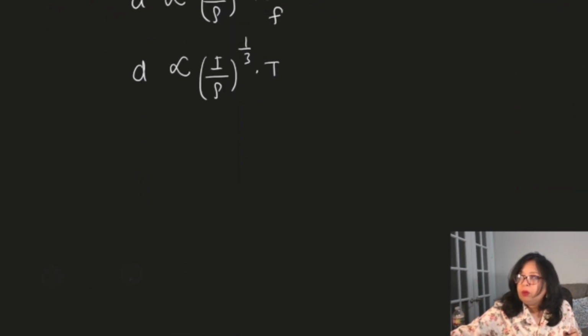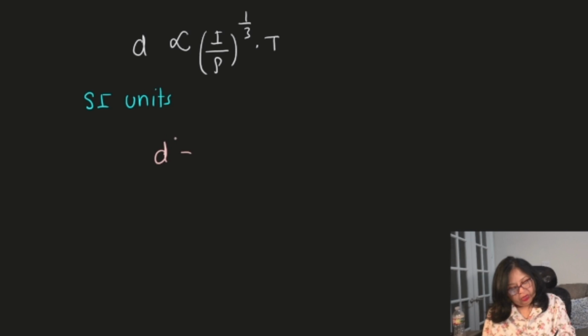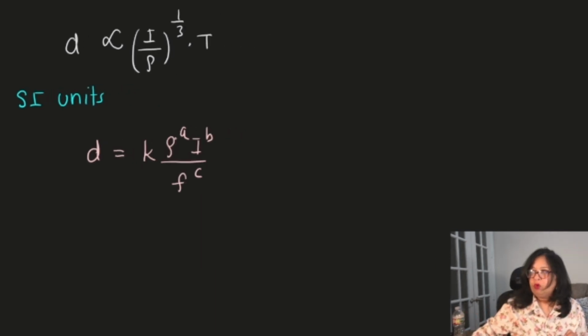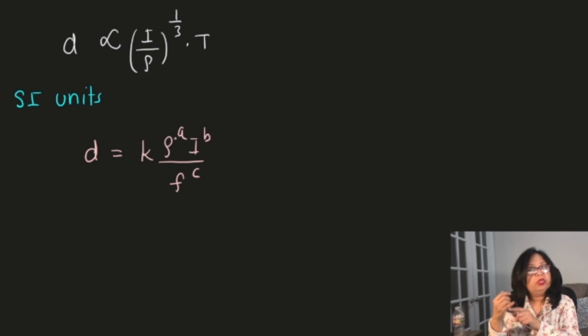But since I promised that I'll show you how to solve this problem using SI units, how do I do that? We had already seen that we can write D equal to K times rho to the power A, I to the power B divided by F to the power C. Now just like before, we need to know the SI units of rho, I, and F. And I'm going to put these SI units in terms of the SI units of the most fundamental quantities, which are mass, length, and time.